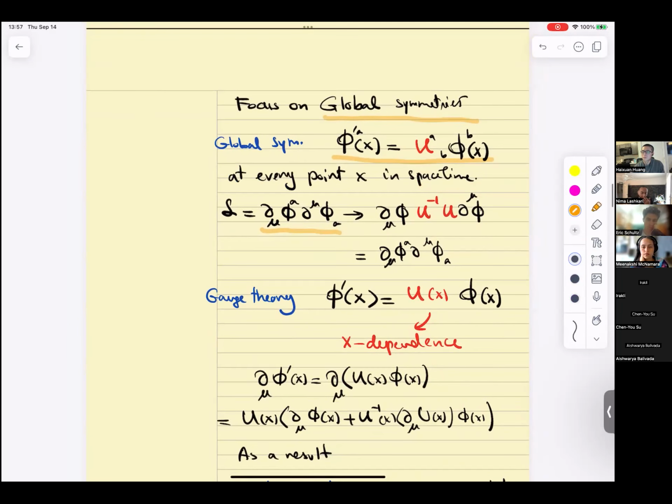So this is what the global symmetry was, but it turns out in trying to write down a Lagrangian for gauge theories, you end up with an action that will show a symmetry where the symmetry transformation depends on the point. That is the origin of the old terminology of a local symmetry.